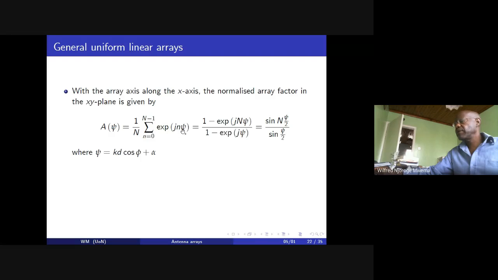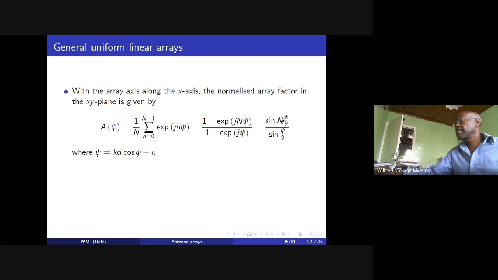And this, when we use the summation of the power series or the geometric series, we get a value of 1 minus exponent of j n psi over 1 minus exponent of j psi. And I'm sure you remember this expression from your signal processing, where we get the sinc function.